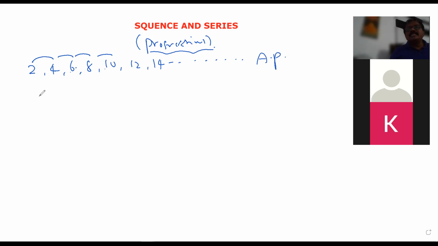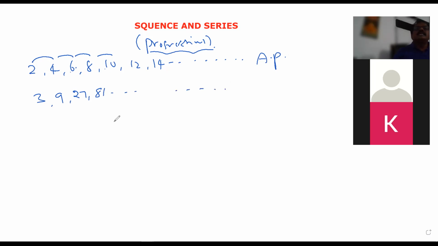For example, let us take 3, 9, 27, 81. 9 by 3 is 3, 27 by 9 is 3, 81 by 27 is 3.